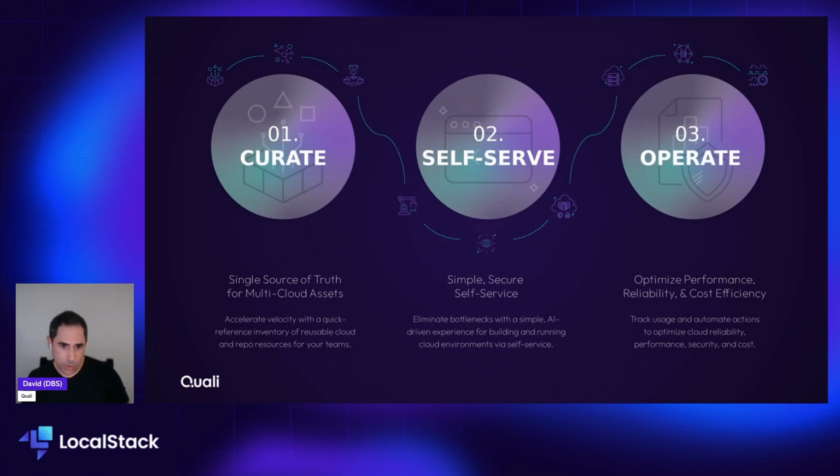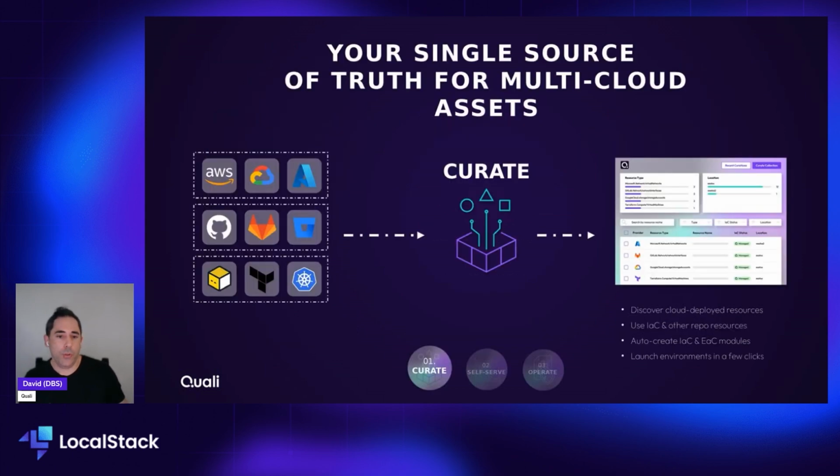And when you look at Torque, you can look at it as a three-step journey that you might go through. The first one is curate. By curate, we mean you probably have a bunch of IaC lying around, right?